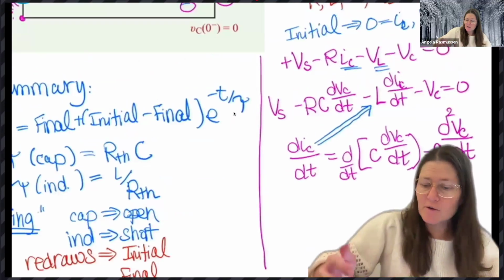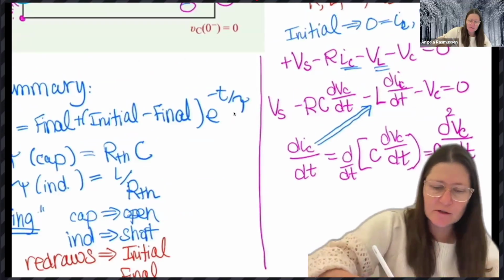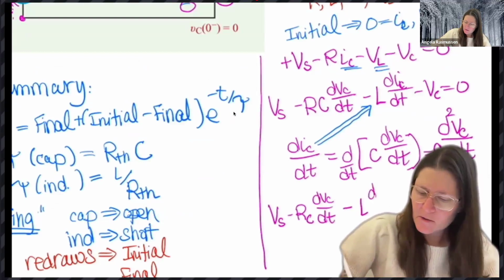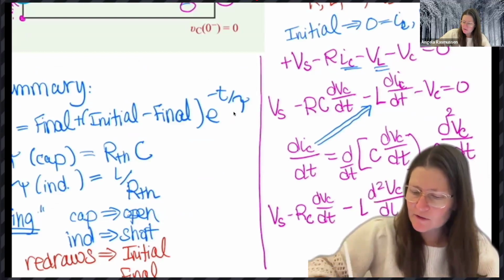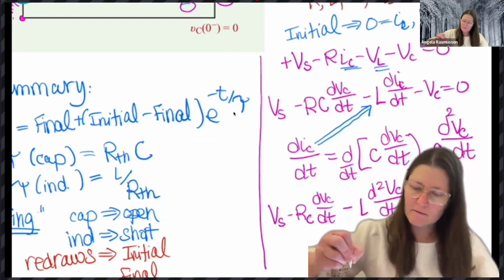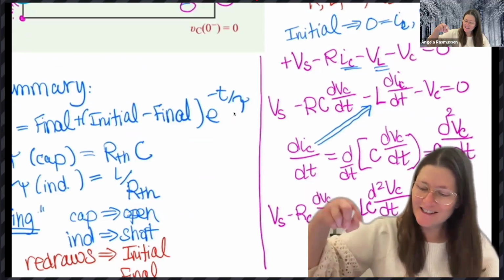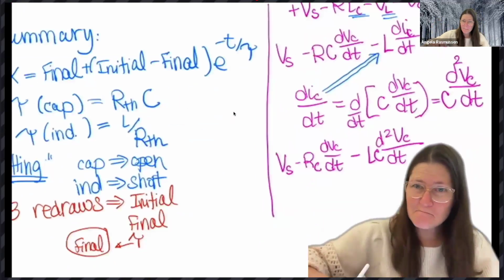All right, so now we have our equation rewritten with just VC. And that dIC/dt becomes, sorry, I'm missing a C in there, LC d squared VC/dt squared. There we go.